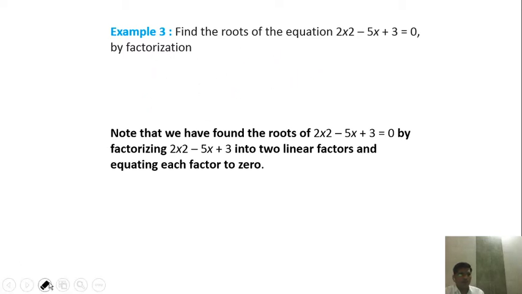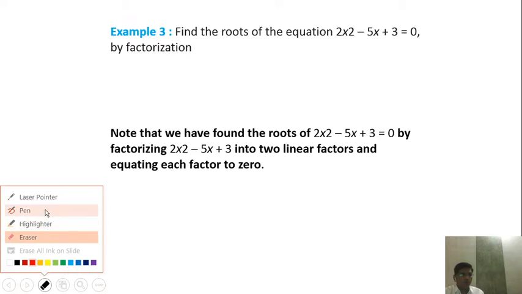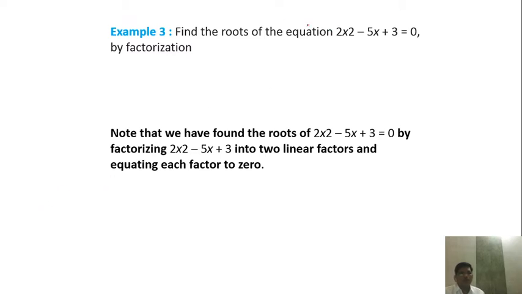First of all, what do I have to write? Standard form, that is 2x square minus 5x plus 3. Now in 9th standard, when the middle term is minus and the last term plus, both factors should be minus.